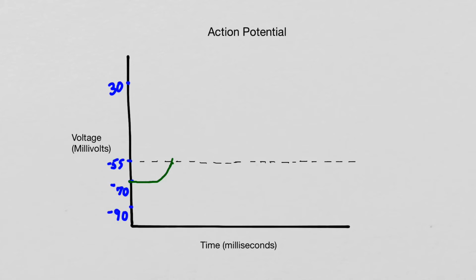Once threshold has been reached, both sodium and potassium channels open up. But sodium channels are fast and potassium channels are slow. So sodium opens up quickly, sending sodium rushing into the cell.